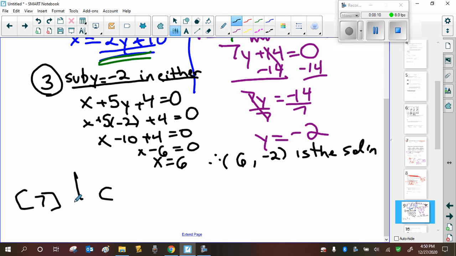Distribute, collect like terms, and solve. Then sub that answer into either equation to get an answer which you check, and then that will work out in both equations, and you will find the solution, which is also called the root in grade 11. Okay, so pause now, get that done, and when you unpause, we'll correct it together. Have fun.